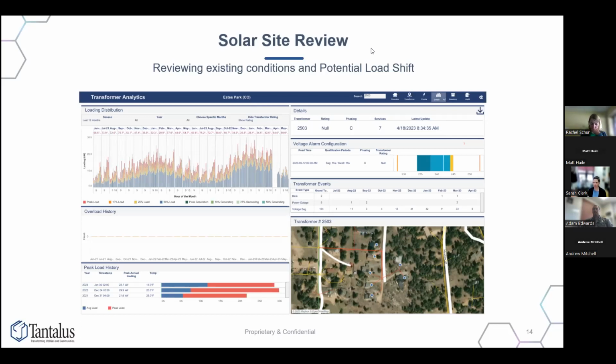So a transformer that might have been borderline loaded or overloaded before, depending on where you are and the number of services, you might get a little more lifespan out of that transformer because of the introduction of solar. But you want to make sure, and this gives you a way to watch: at what point is that going to be too much? With the analytics, you now have that visibility without waiting for wires to melt. Next slide, please.